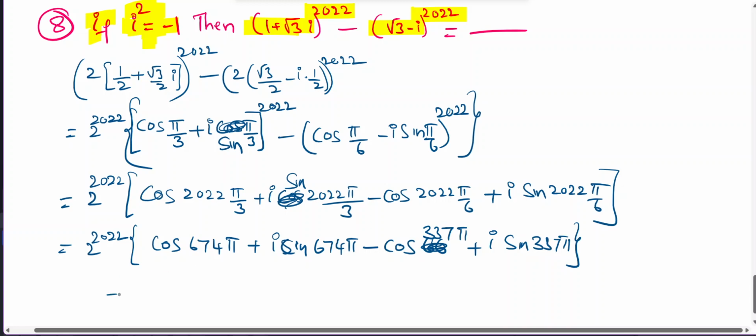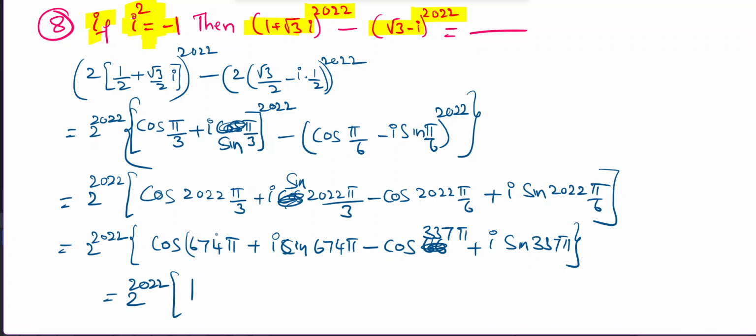So that is equal to 2 to the power of 2022 cos of 674 pi. 674 is an even number, so cos pi value is 1. Sin 674 pi is 0, since sin pi is 0, minus cos 337 pi. 337 is an odd number, so cos pi is minus 1, plus i into sin 337 pi, which is also 0.